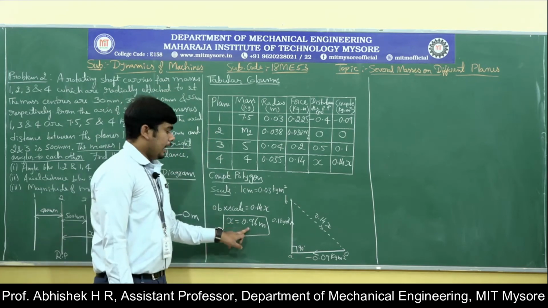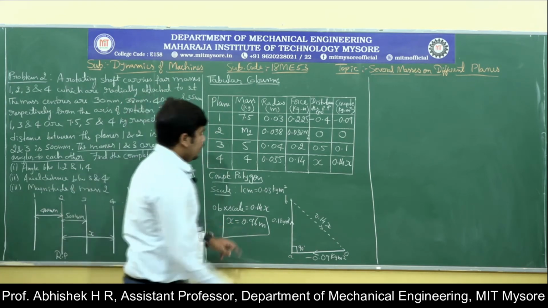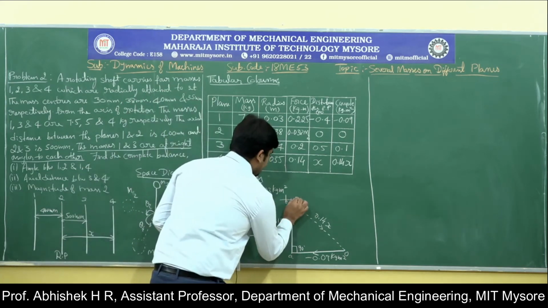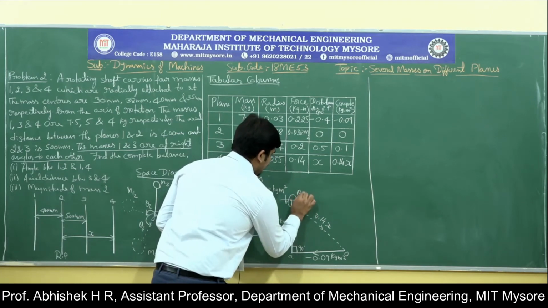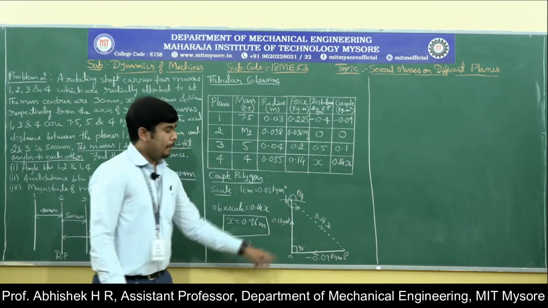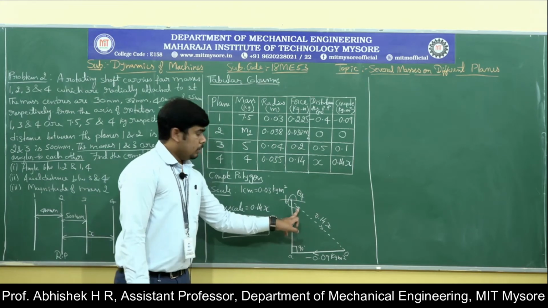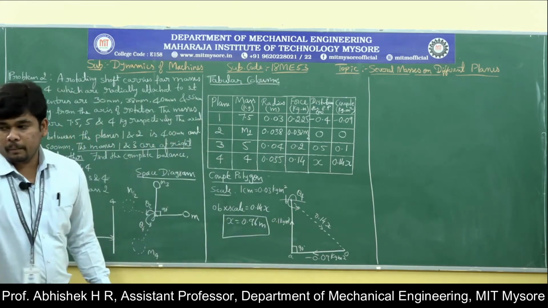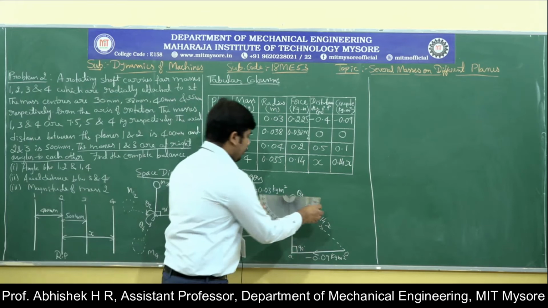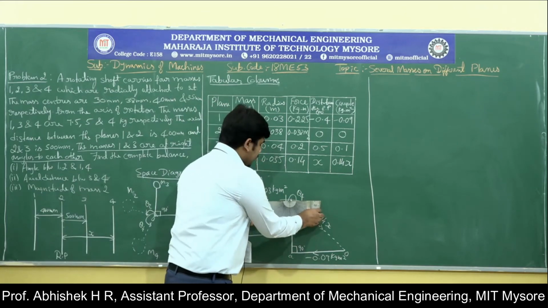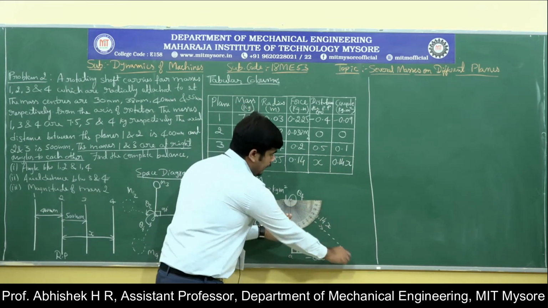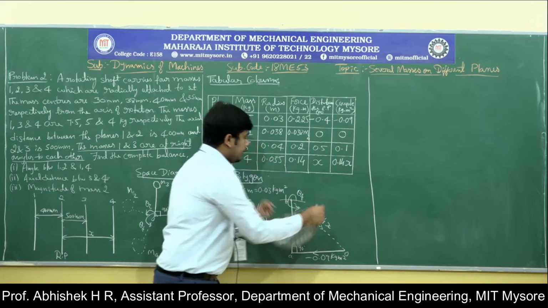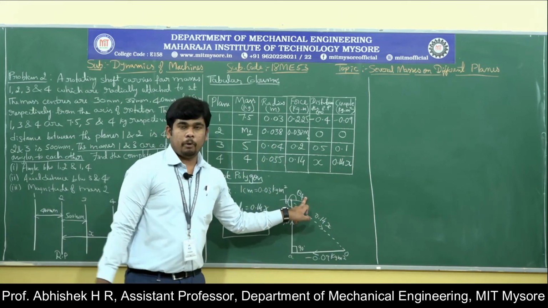So this is the x value, and also measure this angle theta 4. Take your protractor and put it like this and measure the angle of plane 4, that is theta 4.